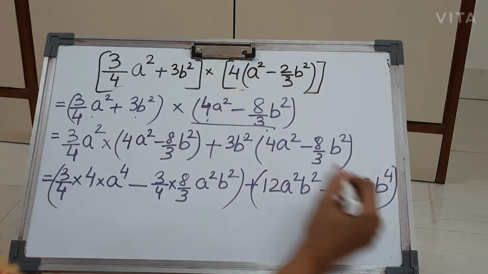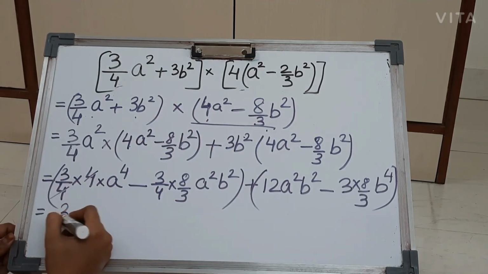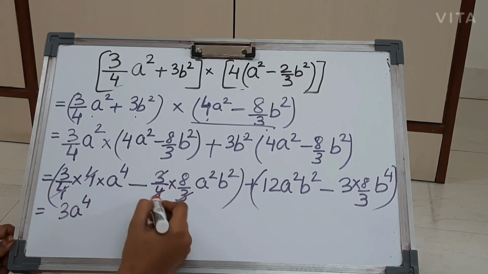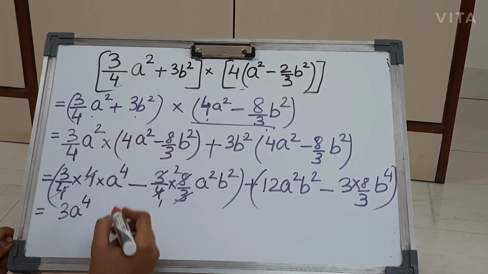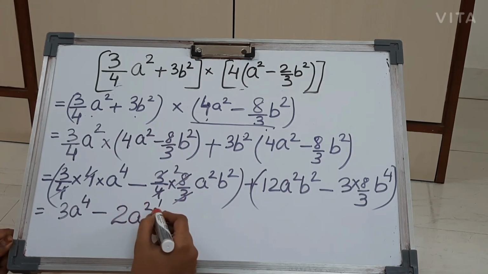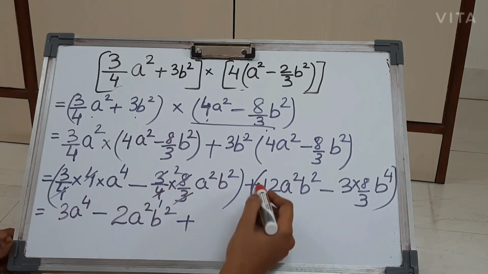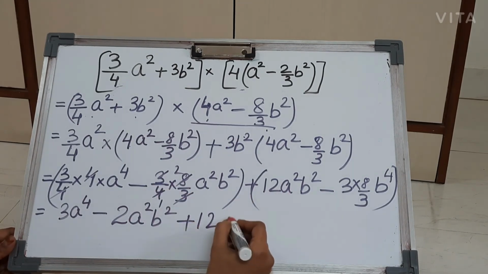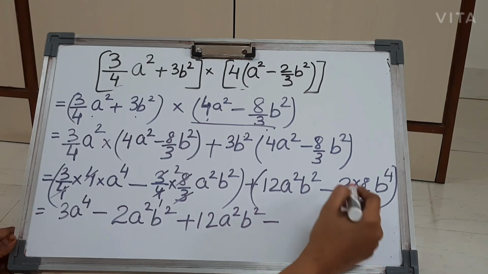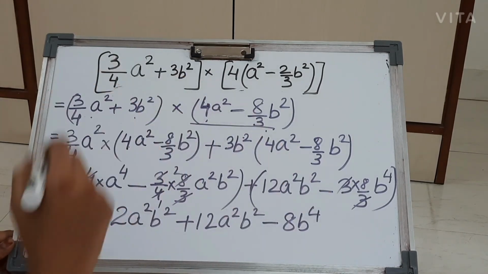Now we will further solve this. 4 cancels, 3a to the power 4. 3 cancels, 4 ones are 4, 4 twos are 8. Minus 2a squared b squared, plus 12a squared b squared, minus this 3 and 3 is cancelled. What is left is 8b to the power 4.